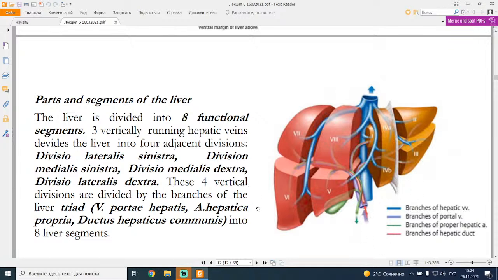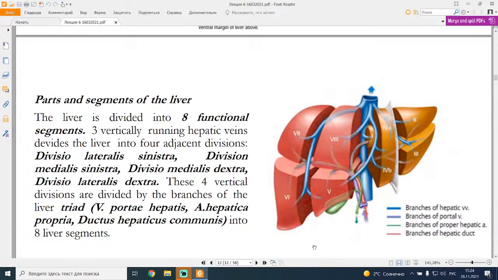This is division lateralis sinistra, division medialis sinistra, division medialis dextra and division lateralis dextra.